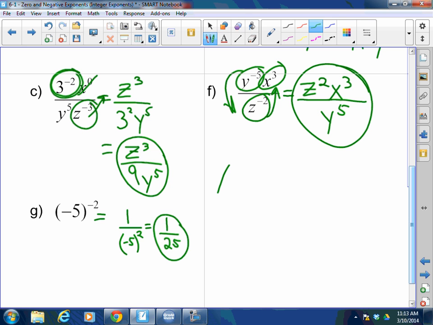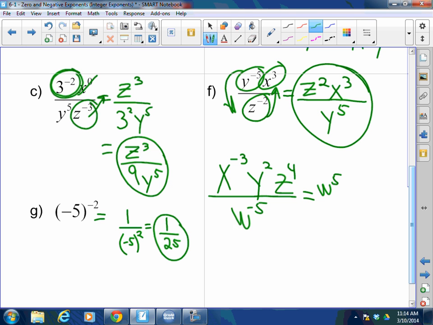If you had, let's say, x to the negative 3, y squared z to the fourth over w to the negative 5, I can't work with that. I need to work with positive exponents. So what would this become? Always go numerator first, so it'll be w to the fifth.